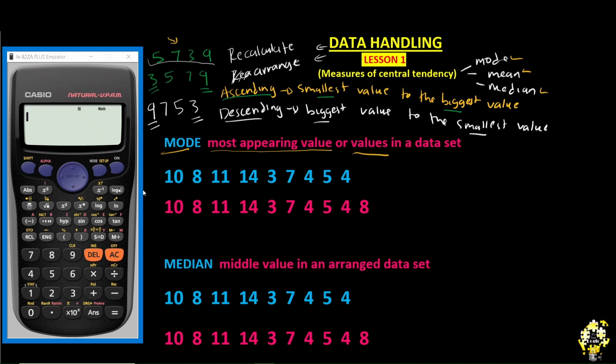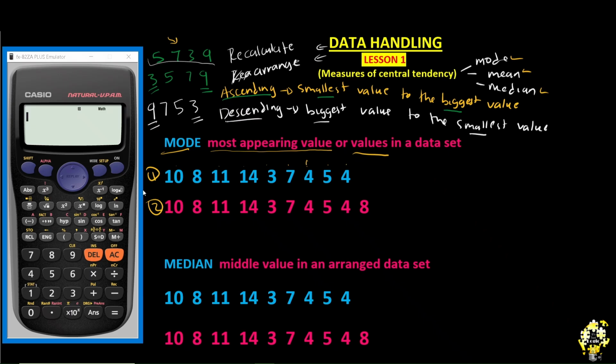Now let's look at this data set. I'll say this is data set number 1 and this is data set number 2. Let's look at data set number 1. Do we have any most appearing value or values? Okay, we have it: 10, 1, 8, 11, 14, 3, 7, 4, 5, 4.